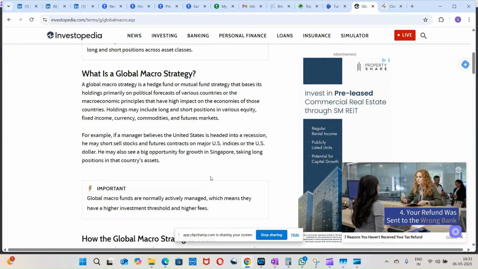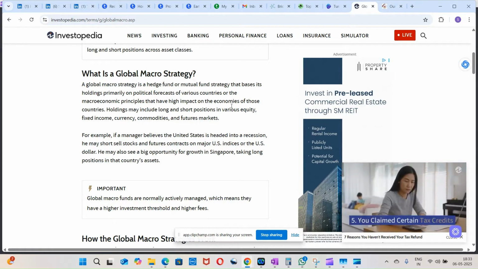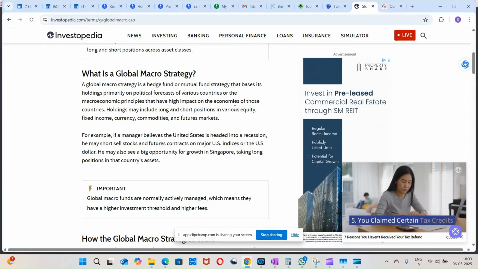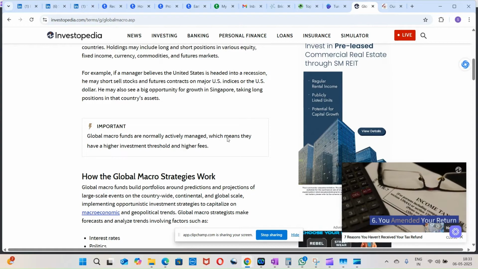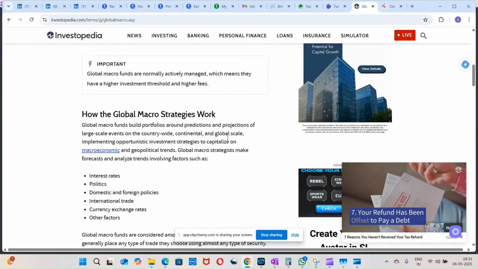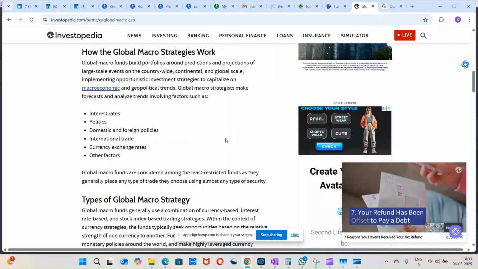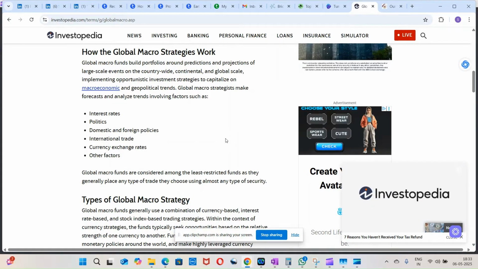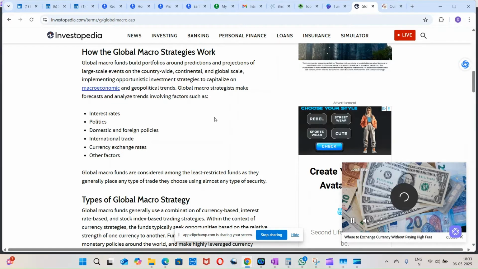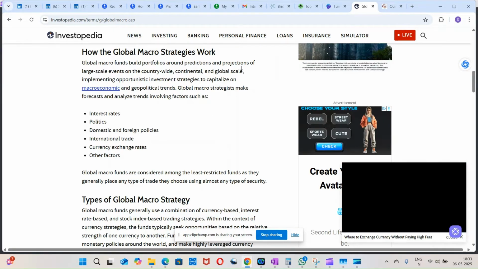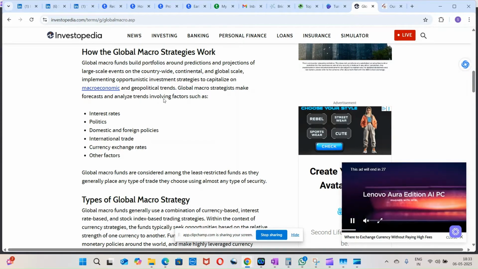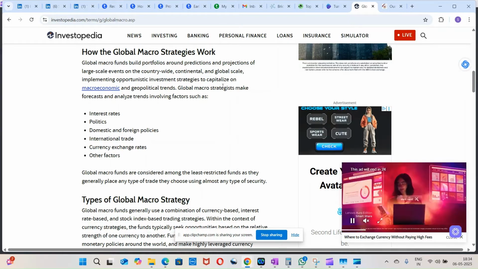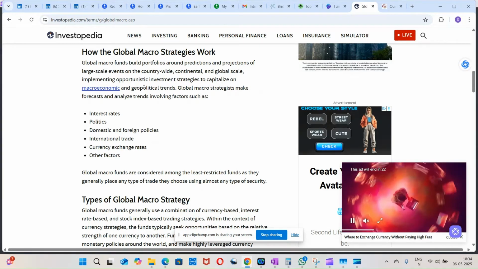So that is one example of taking positions based on political or macroeconomic forecasts in a global macro strategy. Global macro strategy funds use predictions and projections of large-scale events on a country-wide, continent-wide, and global scale to form opportunistic strategies, and they capitalize on these macroeconomic and geopolitical trends.